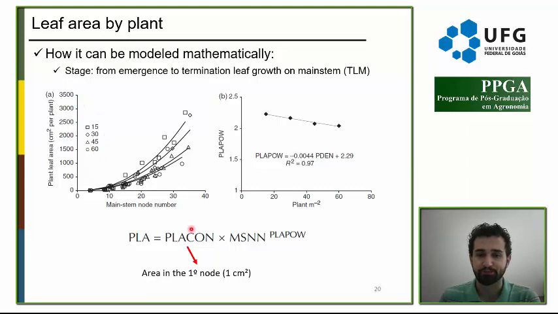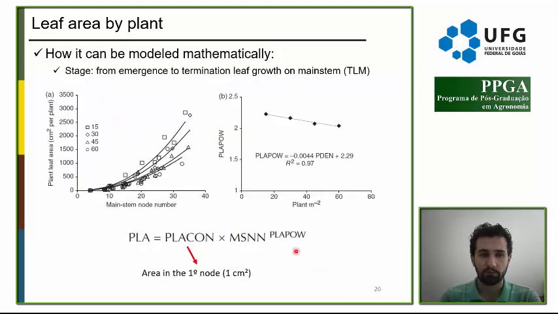So here we can calculate, in function of the plant density, based on this parameter and on the number of nodes in the main stem, calculated by the previous equation in function of the thermal time, how the plant leaf area is defined in function of this factor.